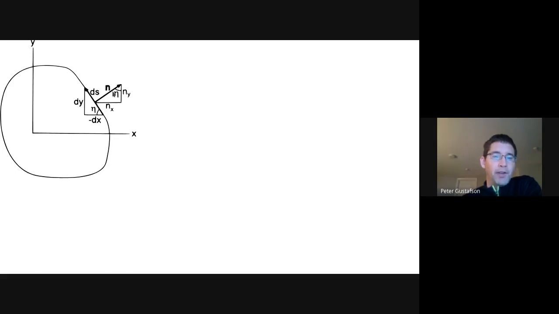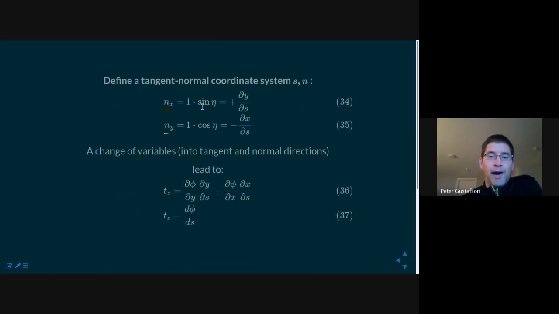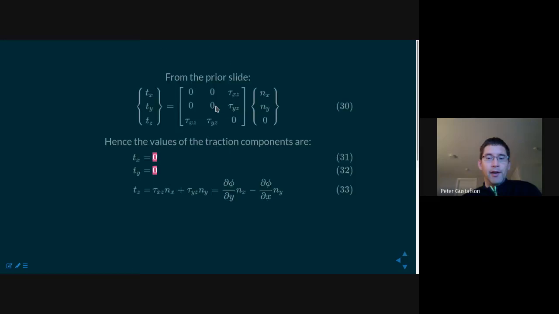They are directly related to each other through trigonometric arguments, and that relationship is given by this equation. I'm saying 1 times sine of eta, and what does that mean?